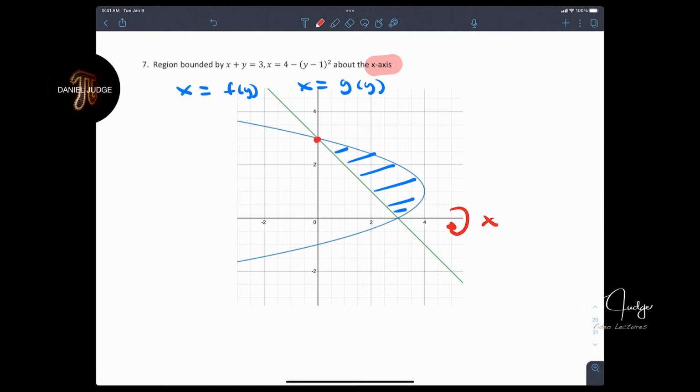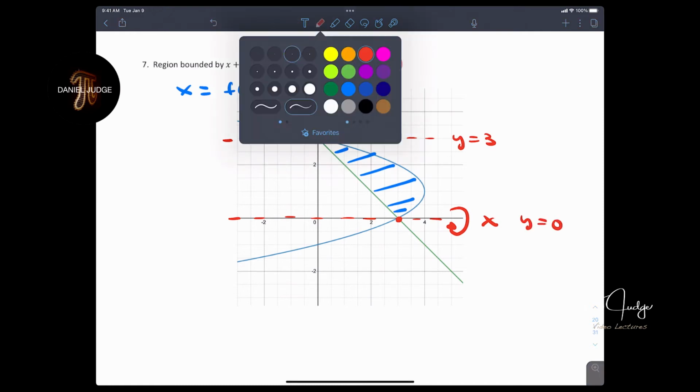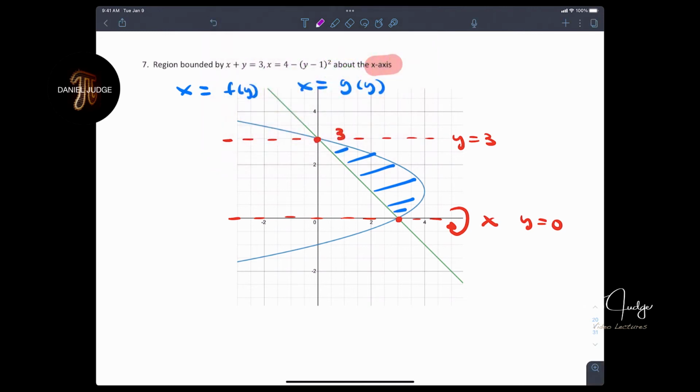So this looks like this is where 3 would be. That's y is 0. Your approximating rectangle, again, is going to be vertical.